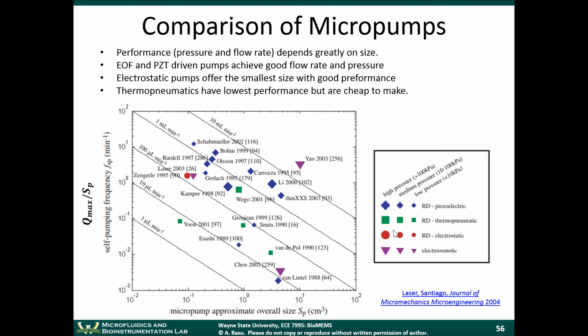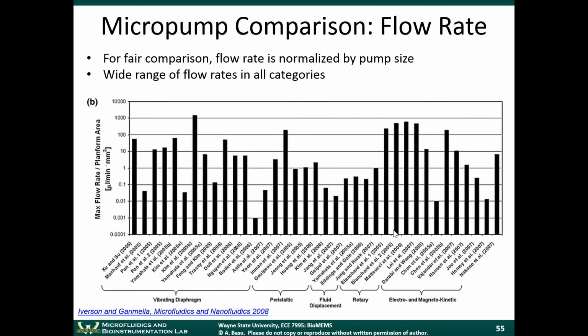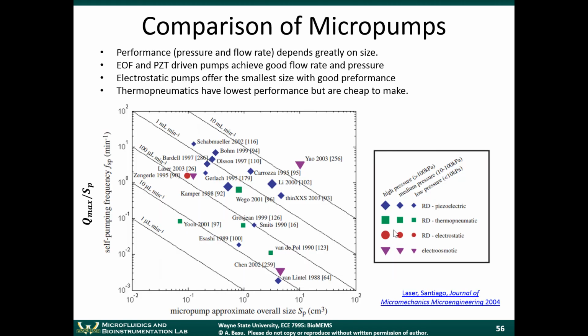But one of the things you find by reading these papers is that you're looking for trends and you don't necessarily find them. So there are no hard and fast rules that say this type of pump is better than that type of pump. There are certain characteristics that you can mention, but no end-all be-all kind of rules. Like, for example, in this particular comparison, these are all in your notes, by the way.